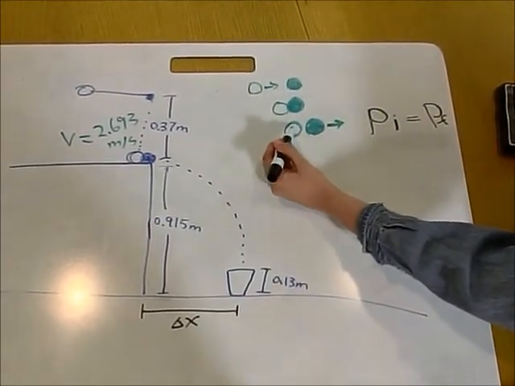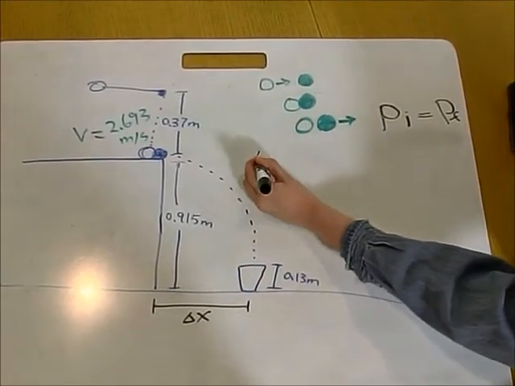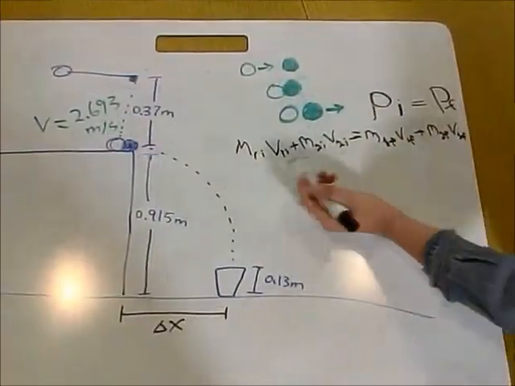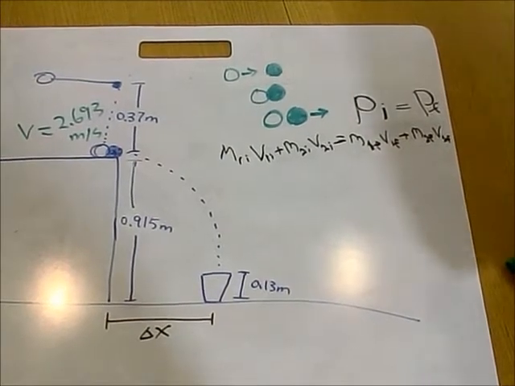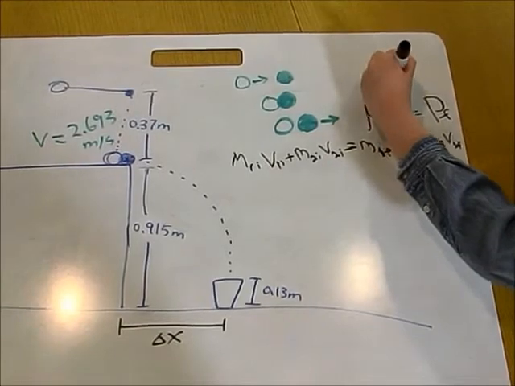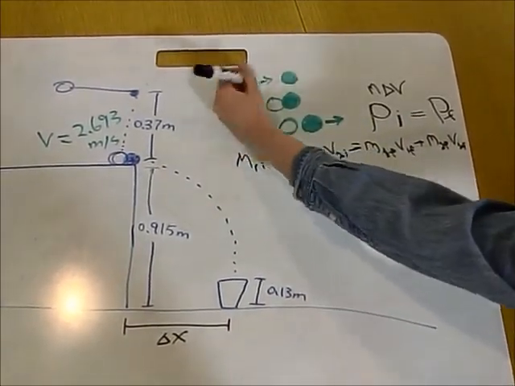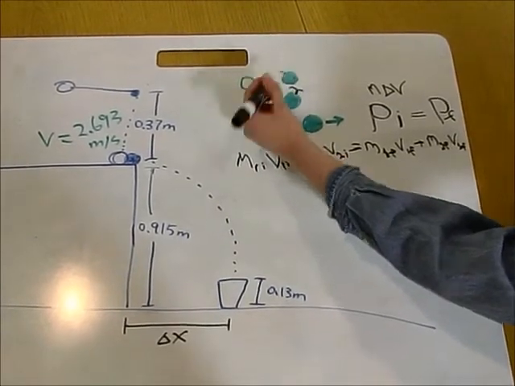Momentum equals mass times velocity. Let's call this ball 1 and the other ball 2.